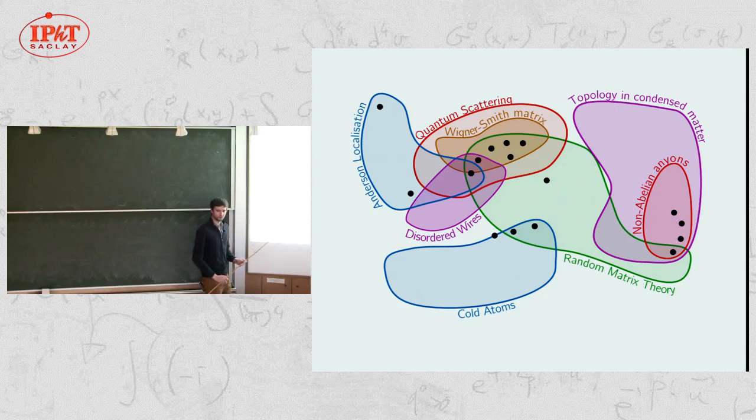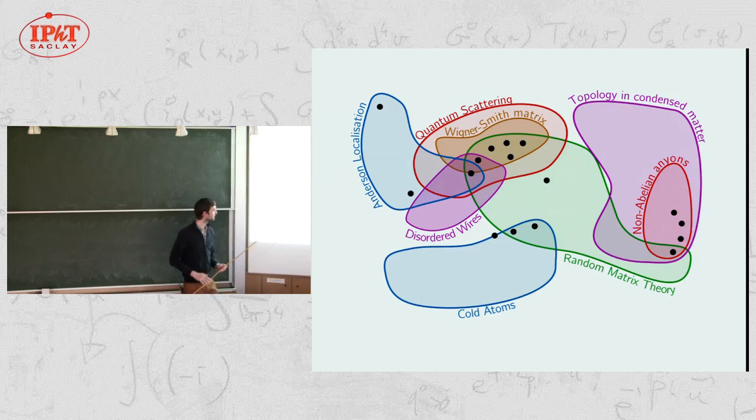And now, in my postdoc, I'm mostly doing topology in condensed matter, and more precisely what are called non-Abelian anyons, and I will describe this also a bit later on. While in my postdoc, I've also kept working up there on some stuff on Anderson localization. So that's the global picture of my career up to now, and my goal is to explain some of these in this talk.